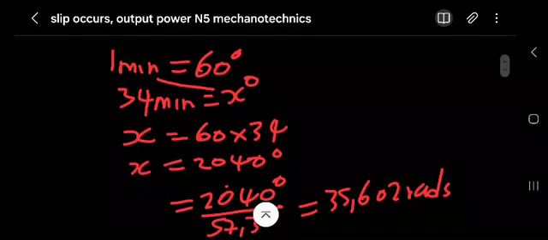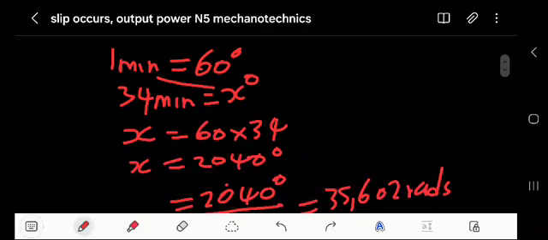Oh, this is incorrect. Why? Remember that is a decimal. This is the same as 0.34 minutes, like this. Damn, but no problem. 60 multiplied by 0.34, like that.